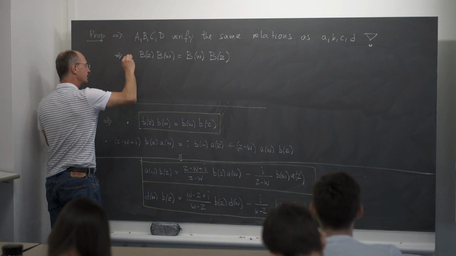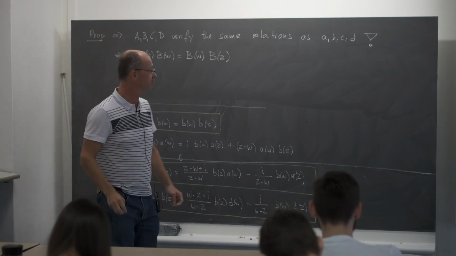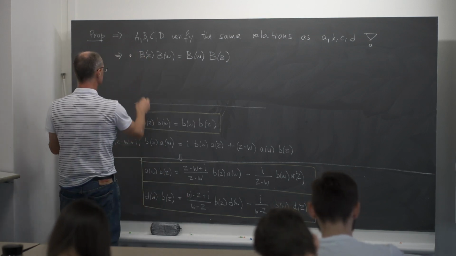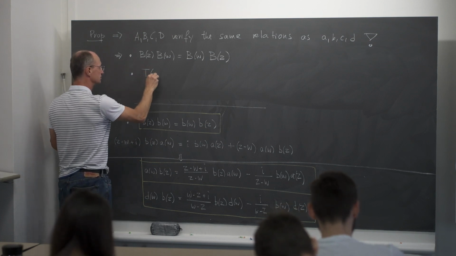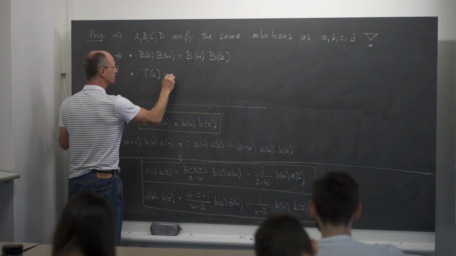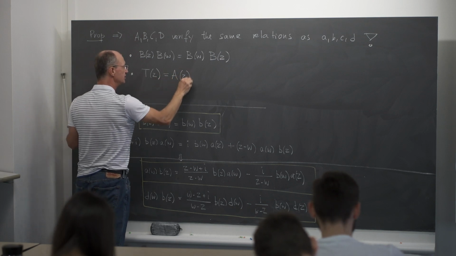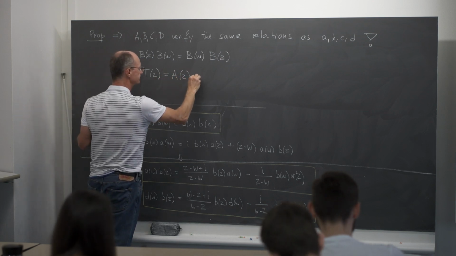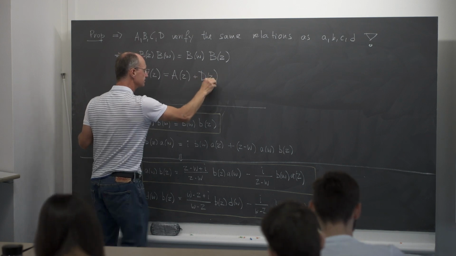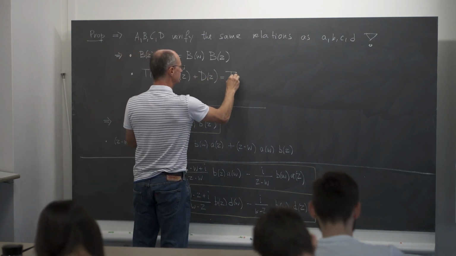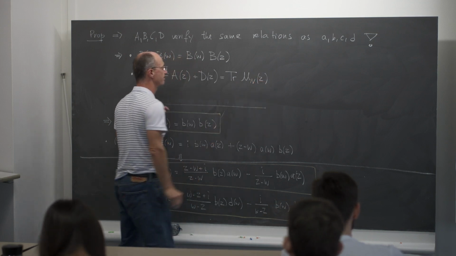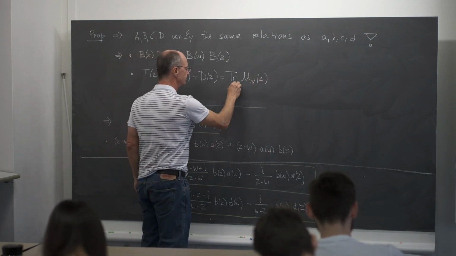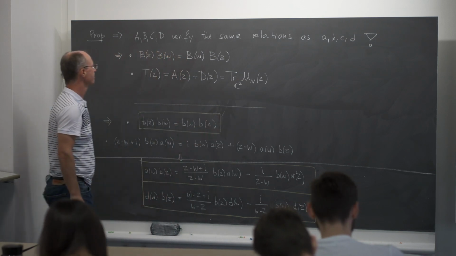So for instance, we get the commutativity of capital B's. And we can again define capital T as a trace of M. Trace in C2 in the auxiliary space.